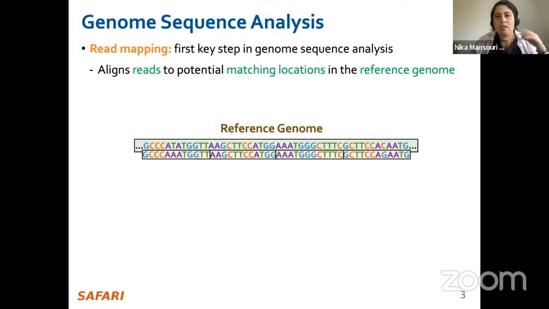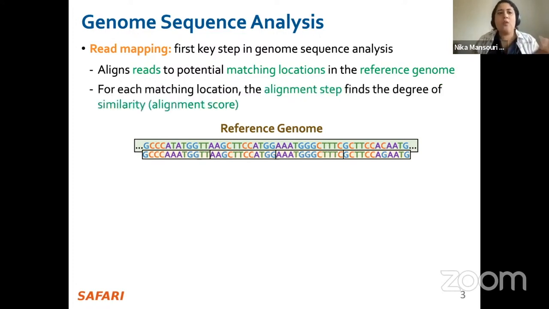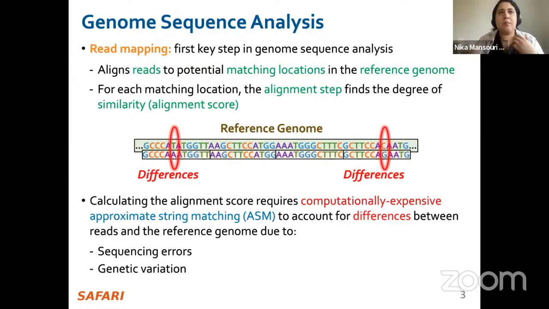And then for each location that these reads match to, we perform an alignment step to find the degree of similarity or alignment score between the reads and the reference genome at those locations. So calculating alignment score is basically finding differences between the read and the reference. That requires a computationally expensive step called approximate string matching, or ASM, to account for differences between the reads and the reference genome.